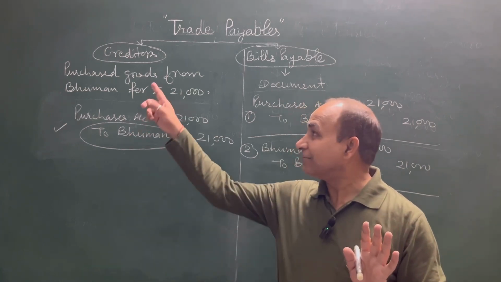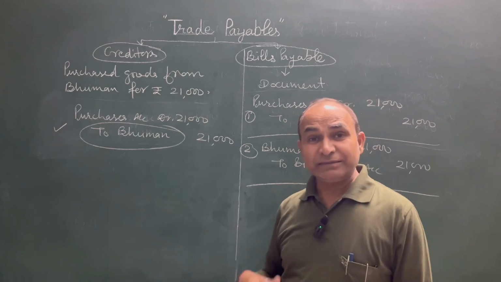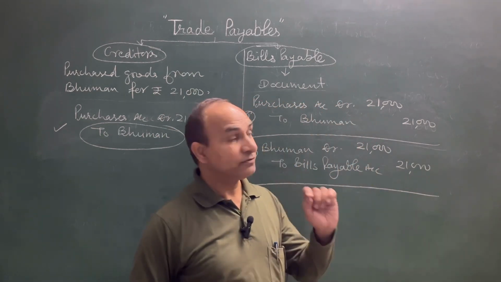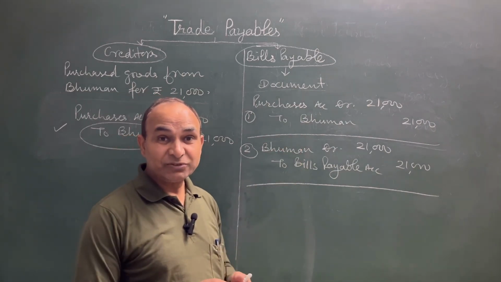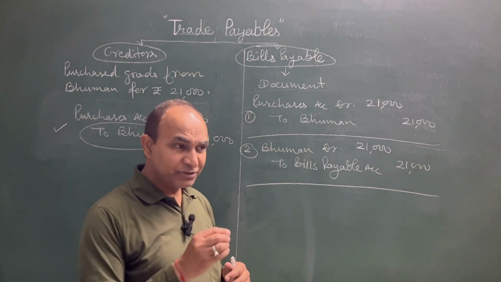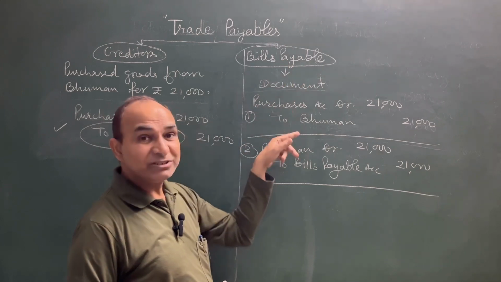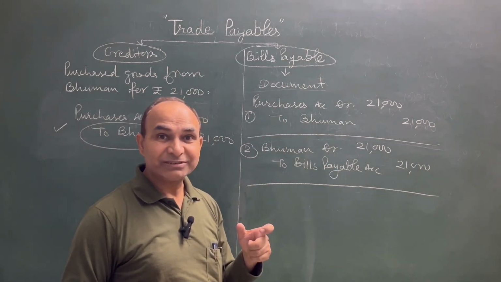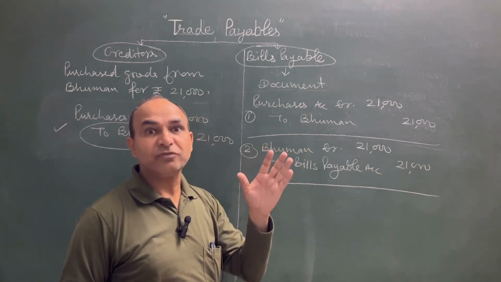In case the buyer of goods refuses to make the payment, then taking legal action becomes difficult. But in case of bills payable, the buyer of goods is not in a position to refuse. If the buyer refuses to make the payment, on the basis of this bills payable, which is a written, legal document, the seller of goods has a right to take legal action through the court of law.